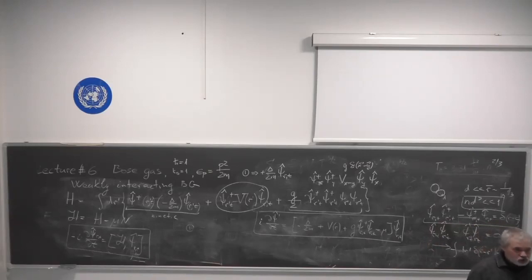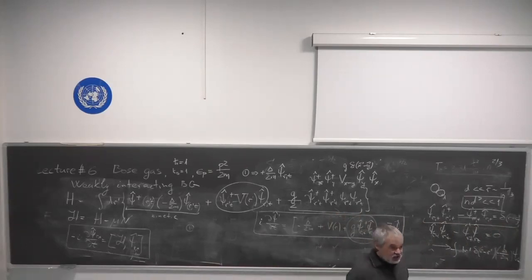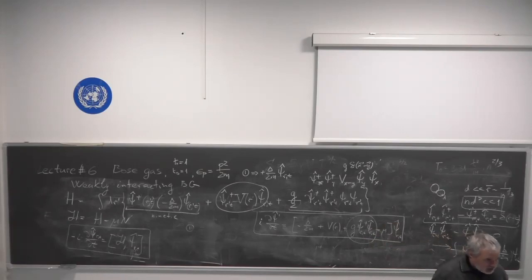So there is no room for non-linearity. Here we have many body interaction between particles. Therefore, there is a term which is non-linear with respect to your creation and annihilation operator. Sometimes in the literature, this equation is called the nonlinear Schrödinger equation because there are many different nonlinear Schrödinger equations which appear because of the interaction effect in many body quantum mechanics.